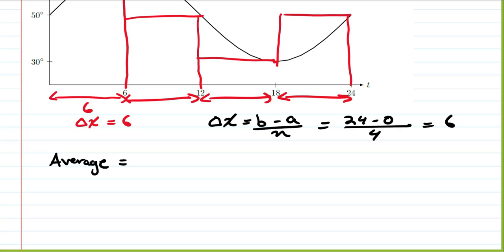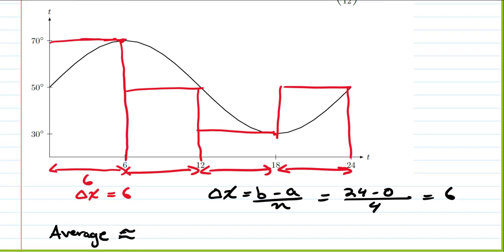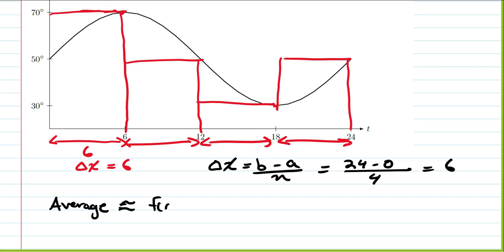So to give us an approximation of these rectangles, we would have something like f of 6 plus f of 12 plus f of 18 plus f of 24, right? In terms of our picture, that just gives us a height, right?